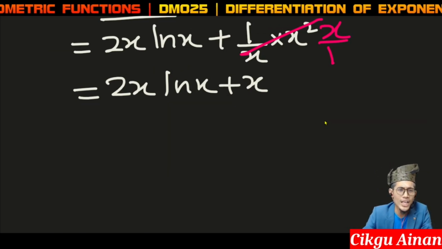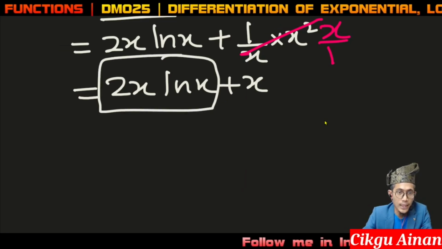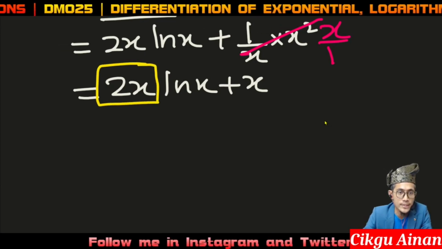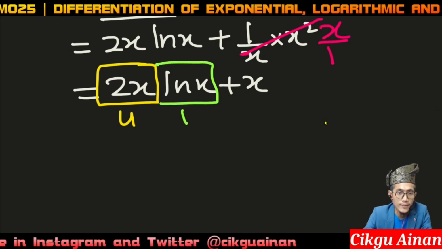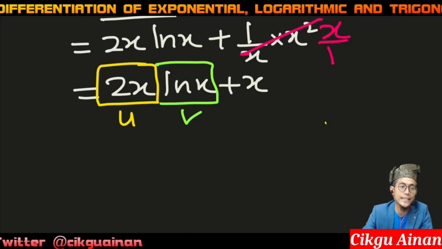As we can see over here, in this term there are two functions multiplied separately. So this is our u and this is our v. We do one more time, this is the second layer.